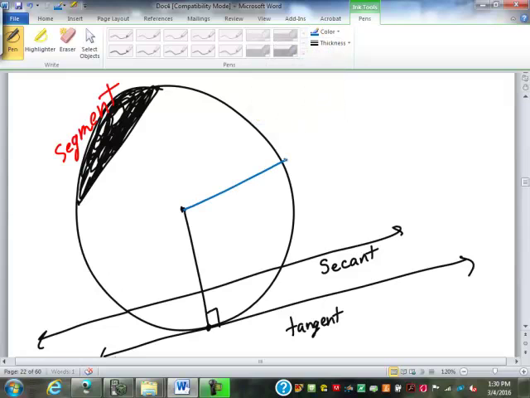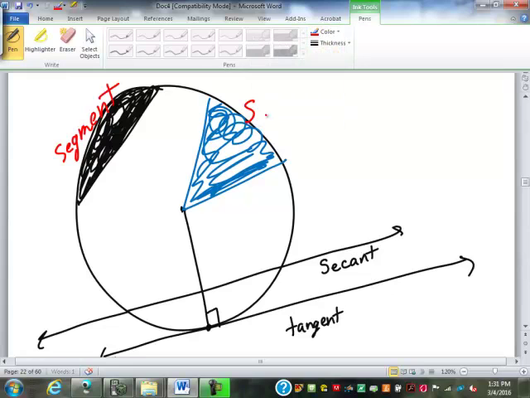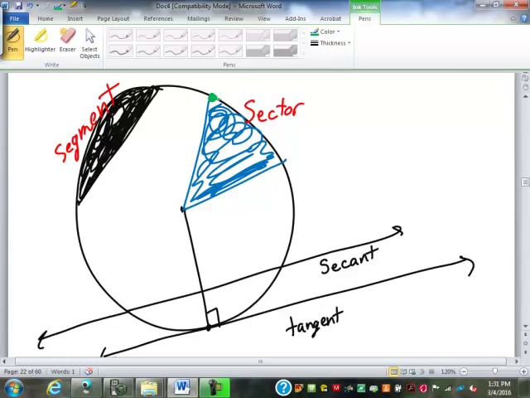What if I have 2 radii of a circle? That area of the circle that is between the 2 radii, that looks like a pie wedge, is called a sector. And a piece of the outer edge of the circle is called an arc.